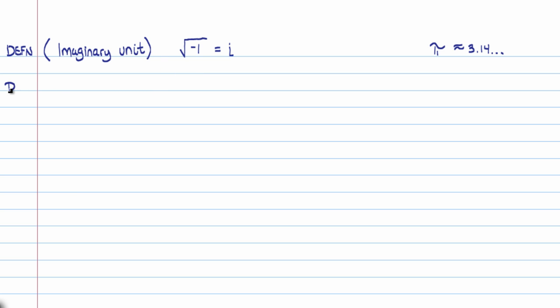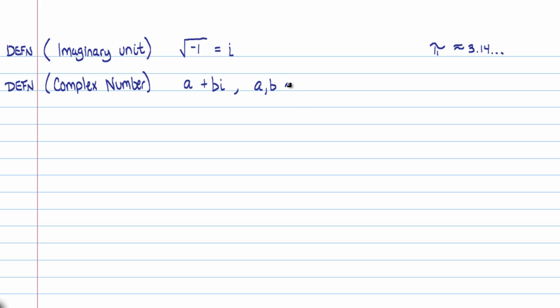Well, this allows us to really introduce a whole new number system. So I'm going to define first what a complex number is. A complex number is a number of the form a plus bi, where a and b are real numbers.